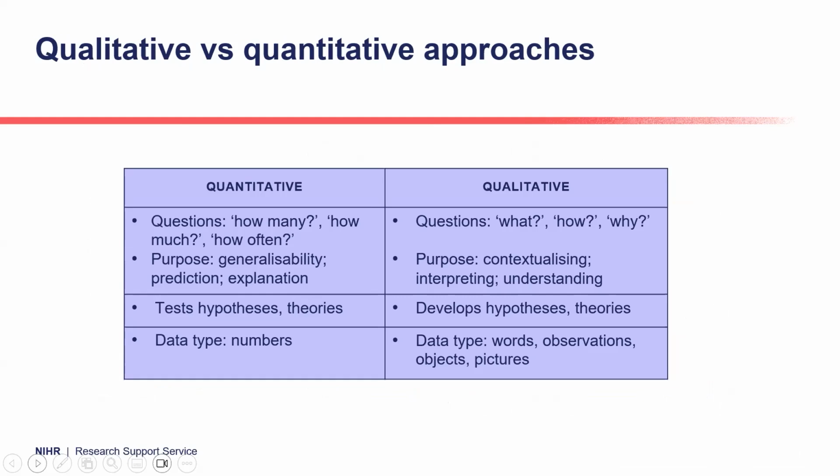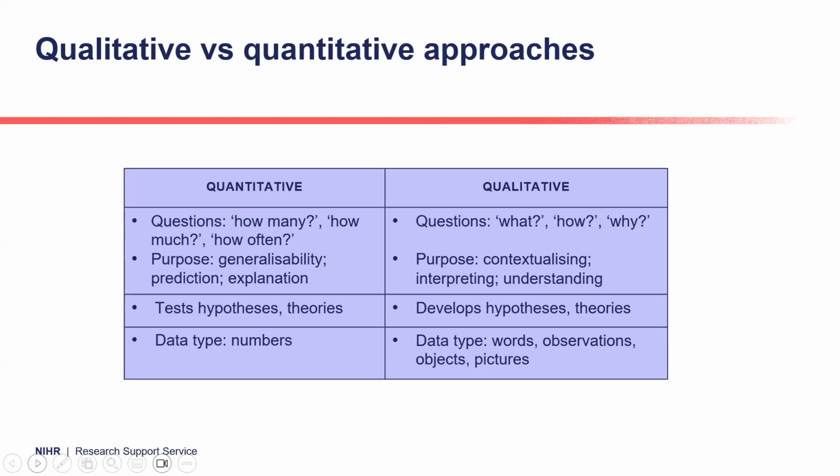So in general, the quantitative methods are about the how many, how much, how often type of questions, whereas the qualitative are more interested in the what, how, why type of questions. They have different purposes. The quantitative are interested in prediction, explanation, and they want to generalize the findings, although the qualitative is trying more to provide context and a deeper understanding of a phenomenon, of a behavior.